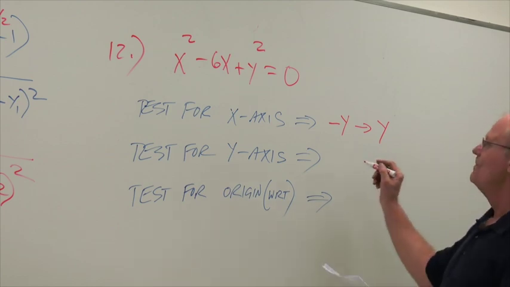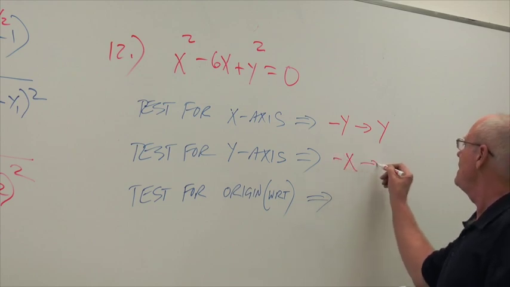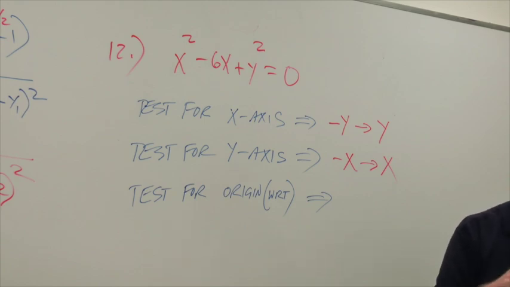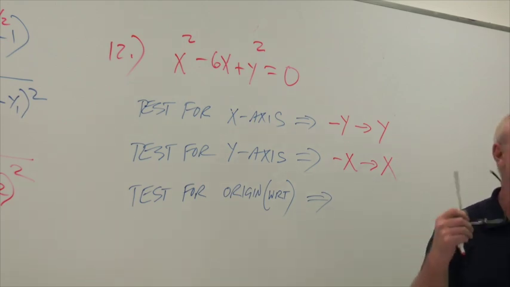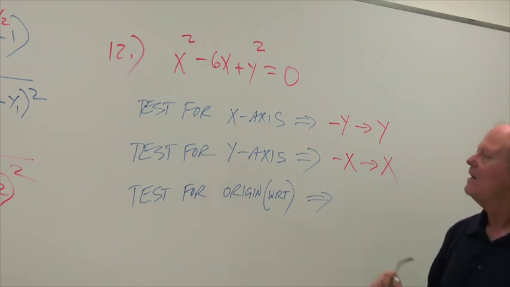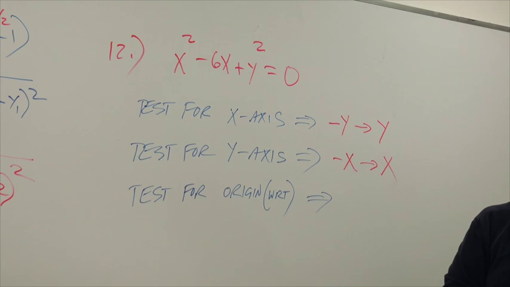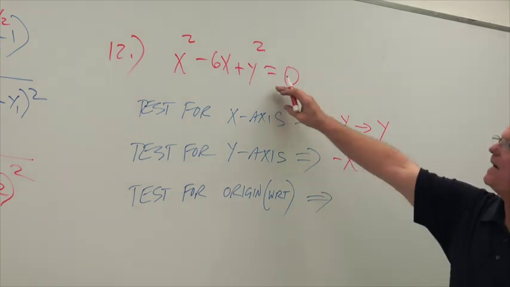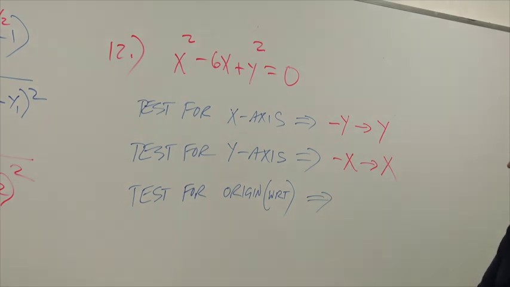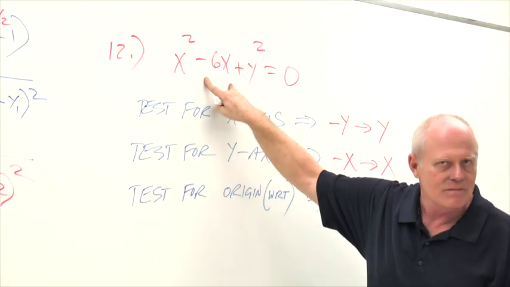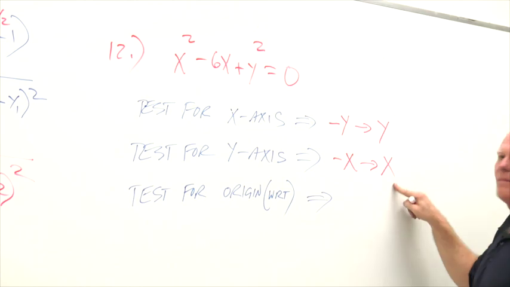A negative x in for x. Good. Okay, you say, okay, I can do that. But what has to happen for it to have symmetry after doing that? If there's symmetry, what happens back up here? You will end up back with the same what? Equation. Right?